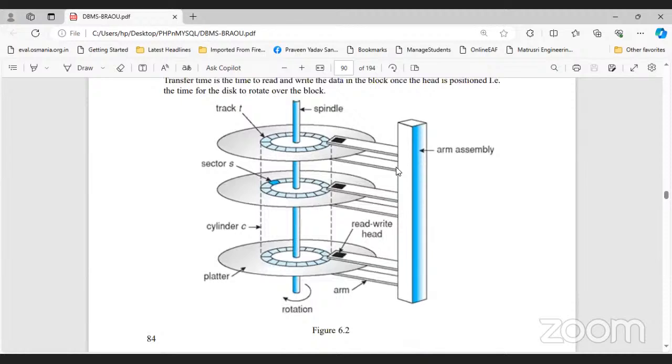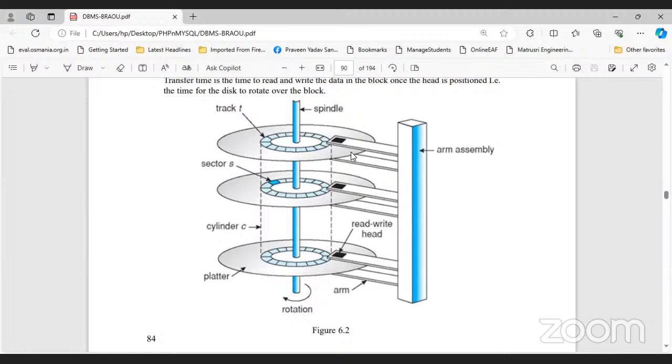So this is the hard disk structure. In your system, you have a hard disk. First, data will be stored in the tracks. This is called the spindle, and this spindle will rotate. This is called the arm, and there is a read and write head.